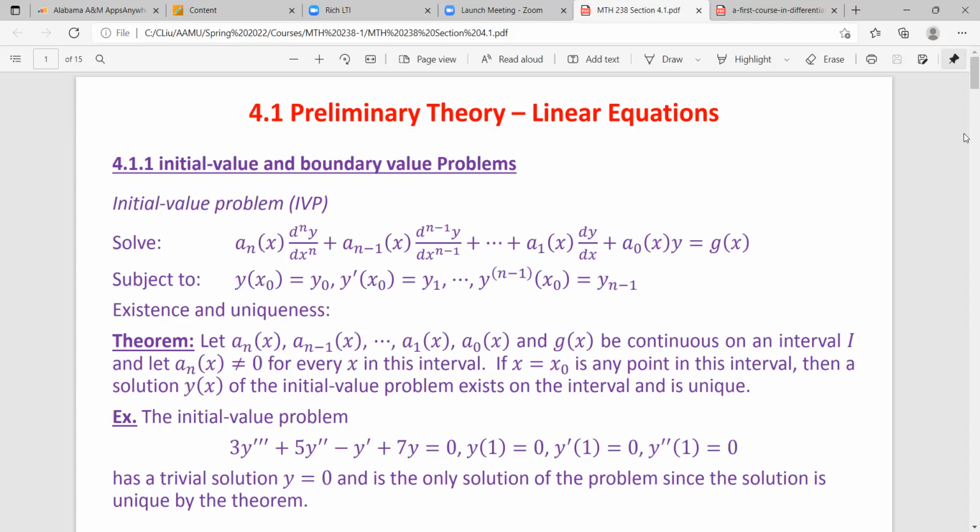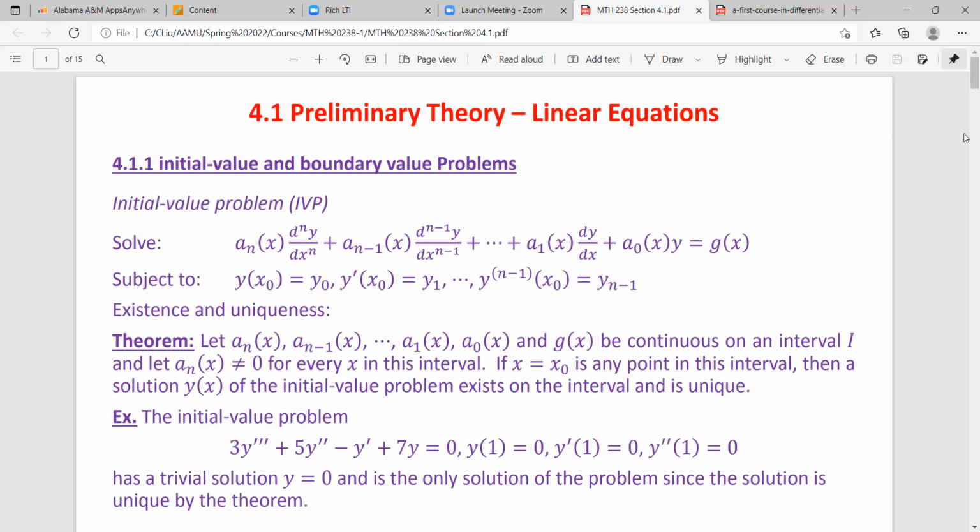So the general form of a linear higher order differential equation will be some coefficient functions on each higher order derivative and the function itself.